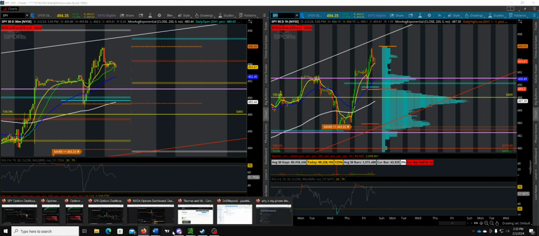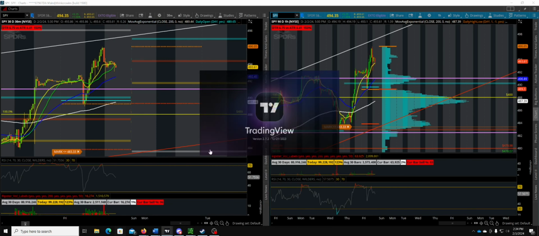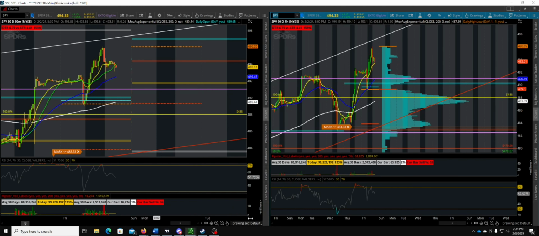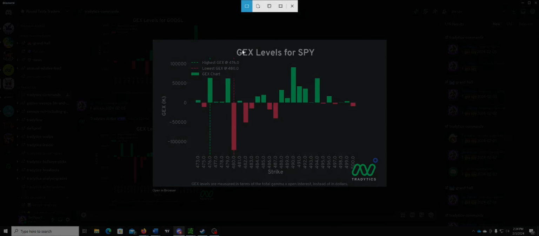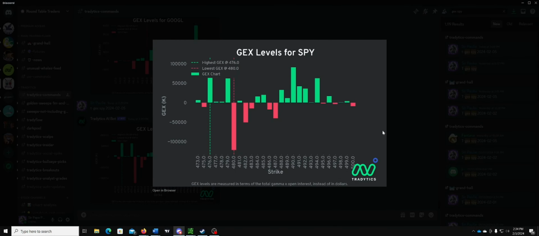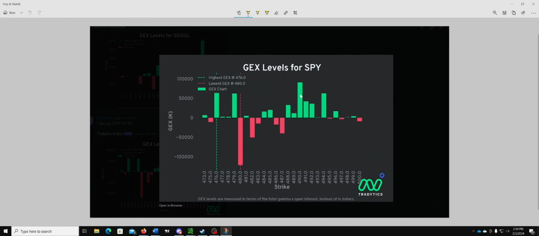Where do I do it? Launched this way actually. Okay. So what we're looking at here, let's capture and draw. What we're looking at here is 490 right here. 494 right here.